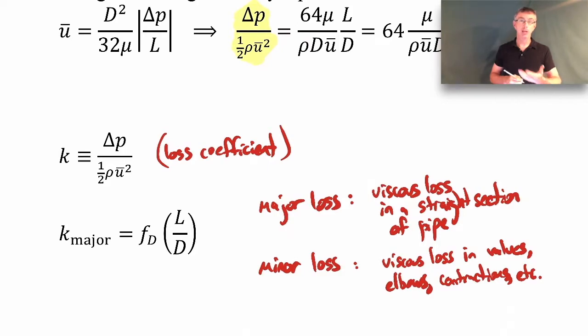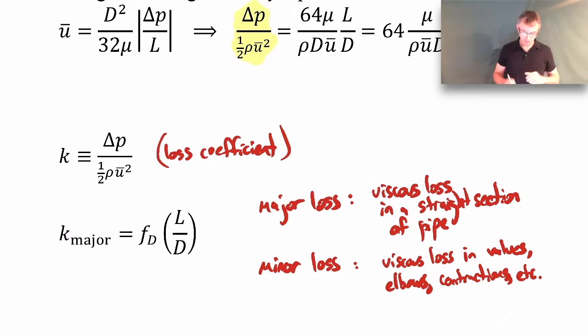You have to apply extra pressure to push fluid through those like a valve, because in the valve there's some complex fluid motion, and anytime the fluid has some velocity gradient, of course you have shear stresses, so you have to apply a little extra pressure to overcome those shear stresses. And we express that extra pressure that we have to apply in terms of this loss coefficient.